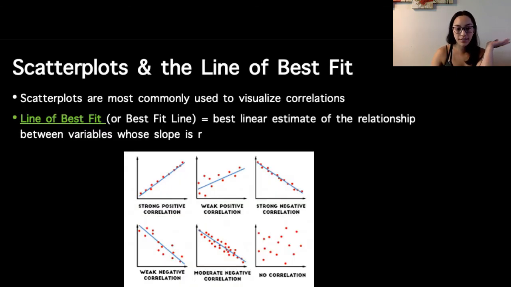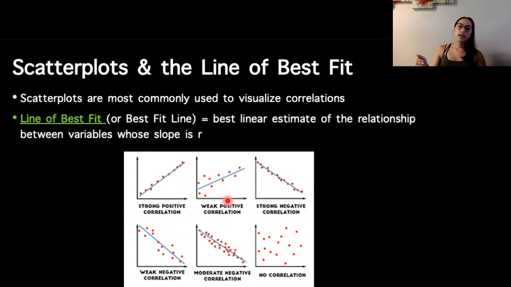So I keep mentioning scatter plots, and those are the best way that we can observe relationships between two variables. We can apply a line of best fit, which in Excel is a trend line, but that's going to be the best linear estimate of the relationship between the variables that we're looking at. And there are ways that we can calculate where this trend line goes.